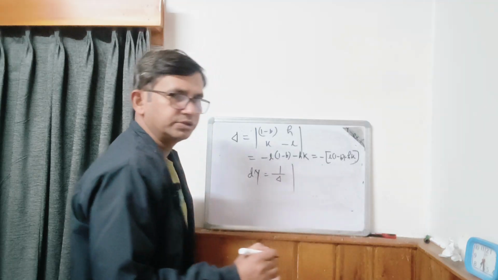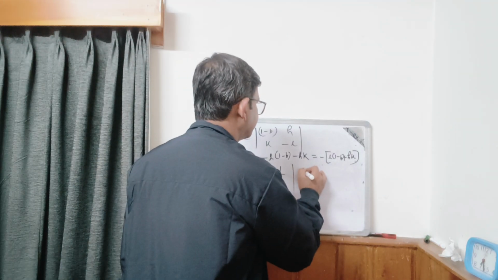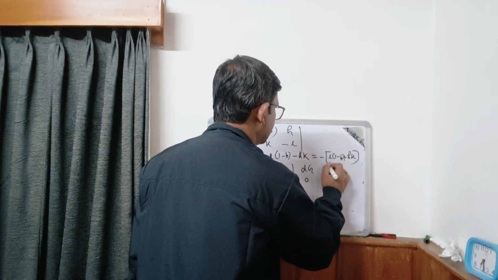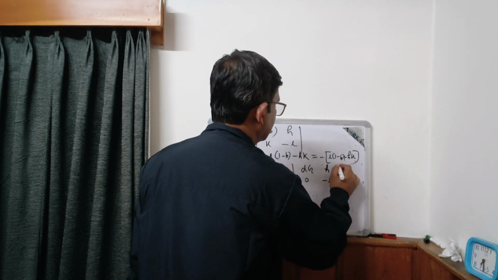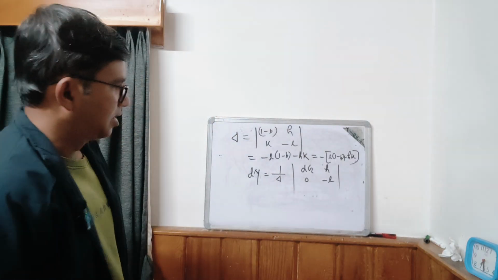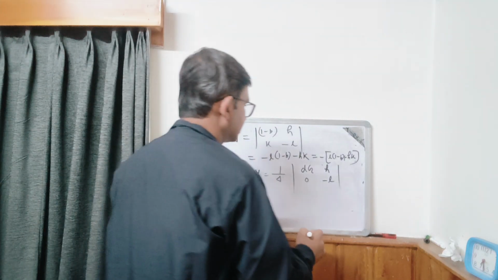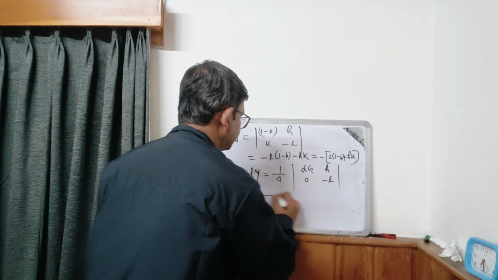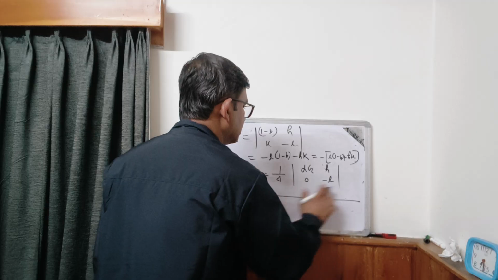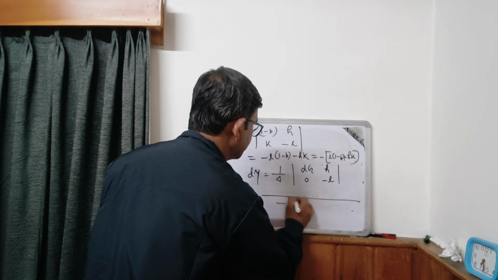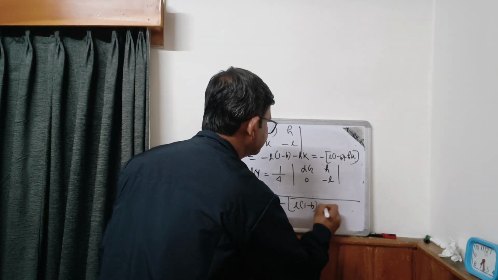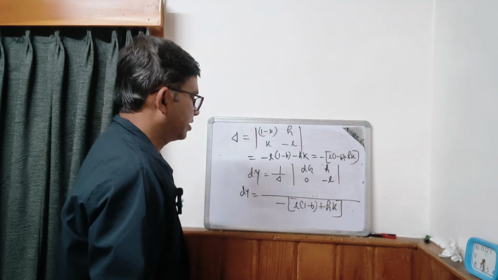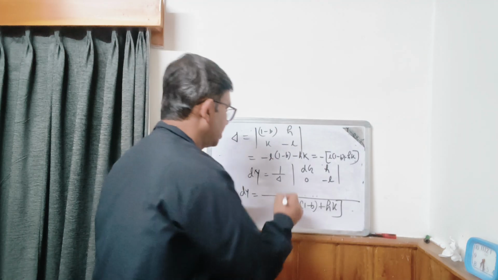Dy equals to 1 divided by delta, in denominator minus of... this is the denominator, and what will be in the numerator?